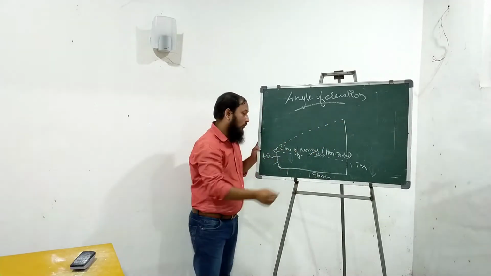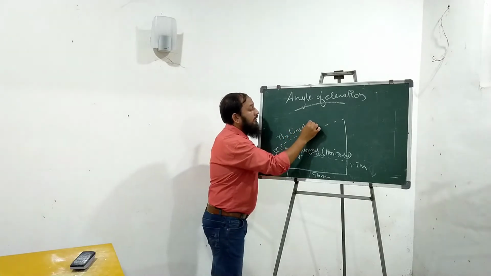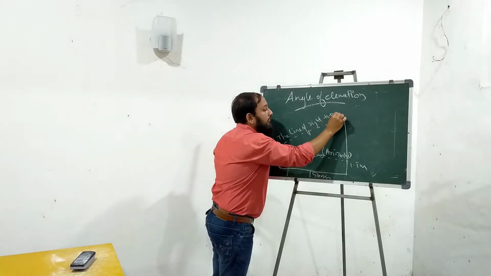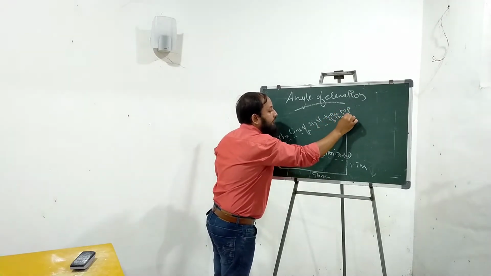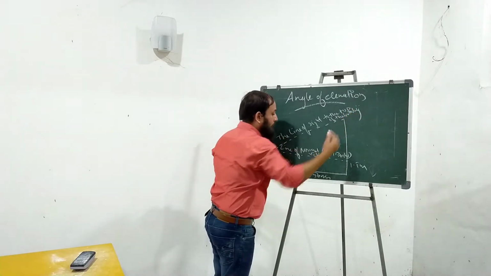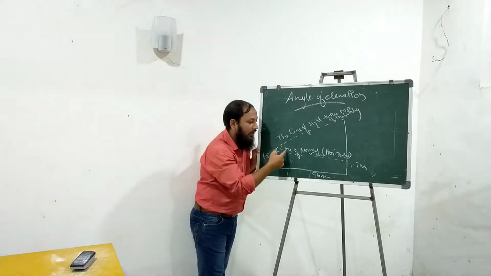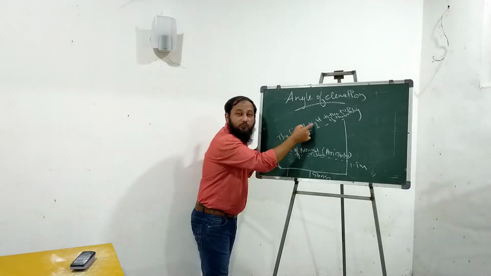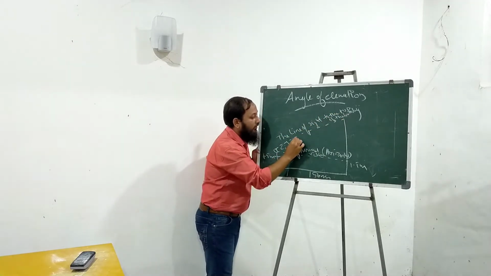This line is called the line of sight to the top of the building. The angle between the line of normal vision and the line of sight to the top of the building is called the angle of elevation.